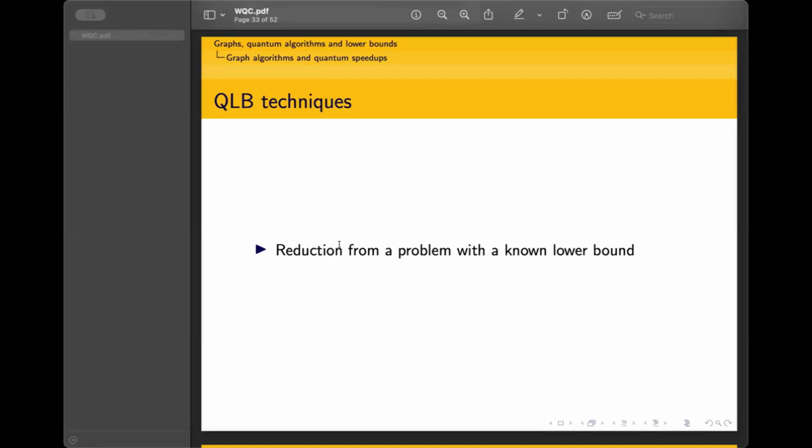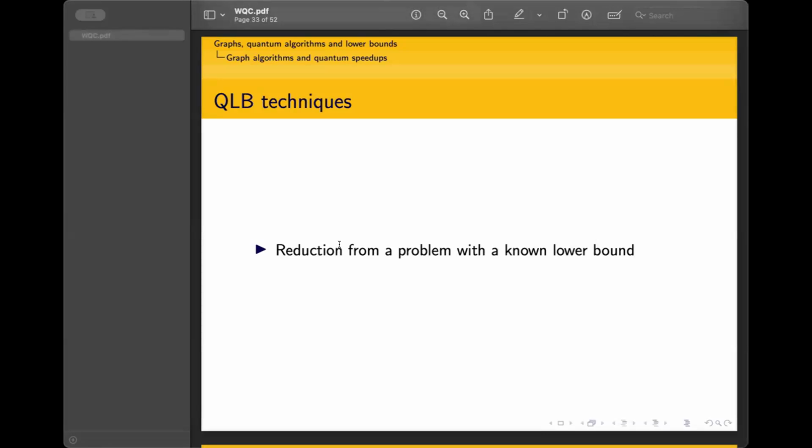So let's say we want to prove the quantum lower bound for connectivity. We take some graph and say that if on that graph we could solve ST connectivity faster than linearly, then this would imply that on some other graph we can solve, for example, the traveling salesman problem in polynomial time.